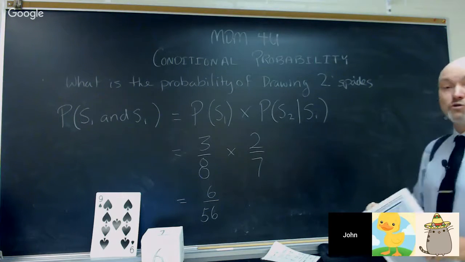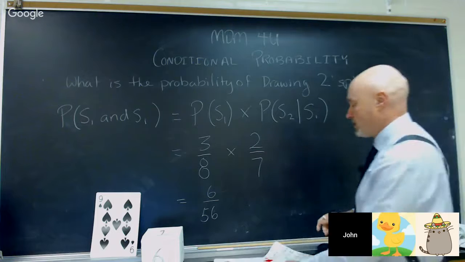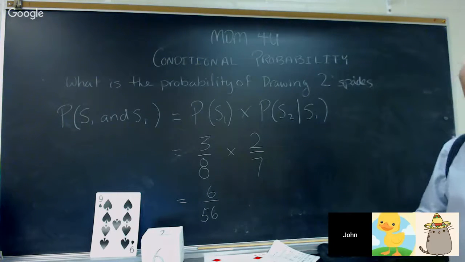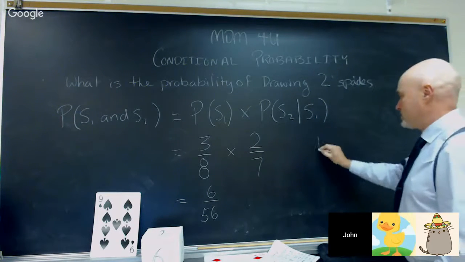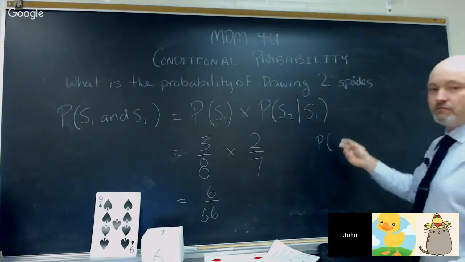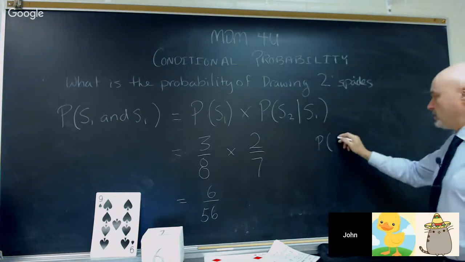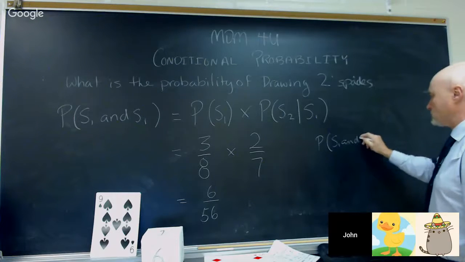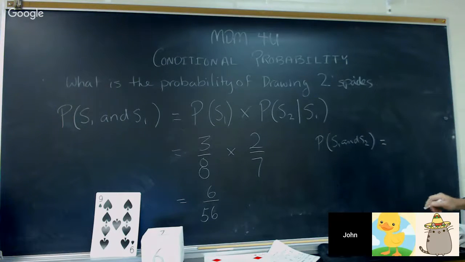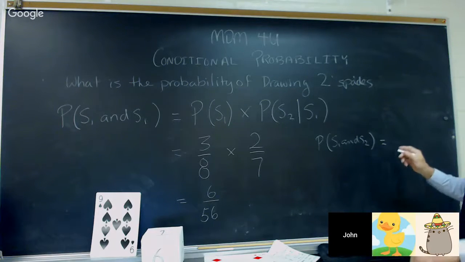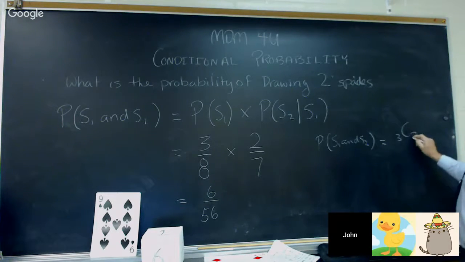Now, you could look at this a second way, because we did talk about probability and counting. So we could actually say, what's the probability of drawing 2 spades in this case? And if you recall, before we were doing this whole thing where we go, well, I have 3 spades. How many combinations of 2 of them can I get?